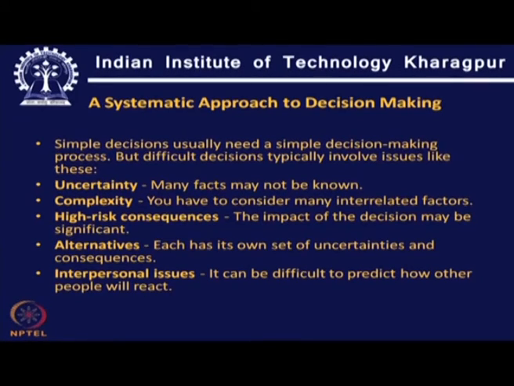Whatever you decide may mean a lot to a particular person or his or her life. So these are the impact of the decisions. Alternatives, each has its own set of uncertainties and consequences. And lastly, interpersonal issues: it can be difficult to predict how other people will react.